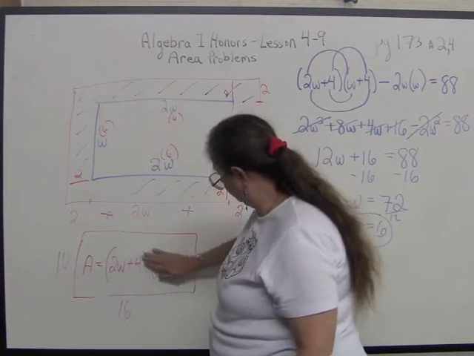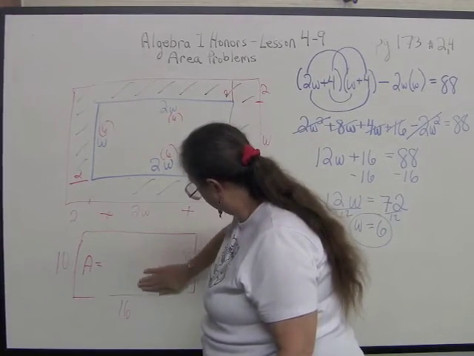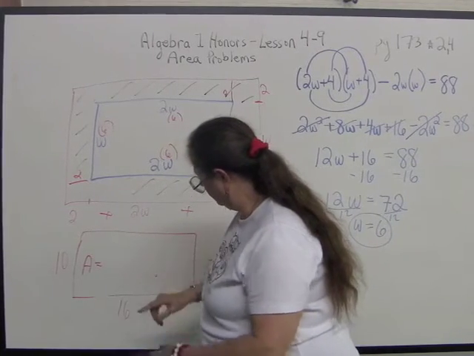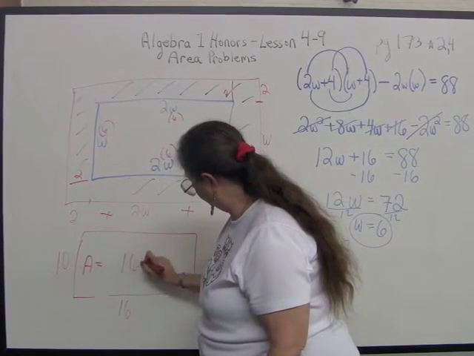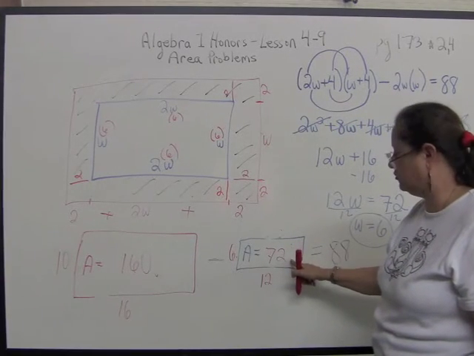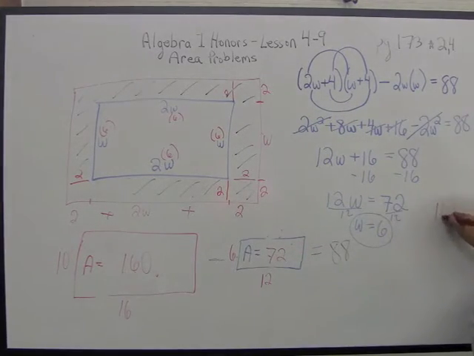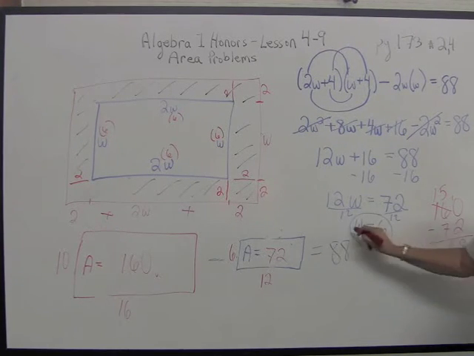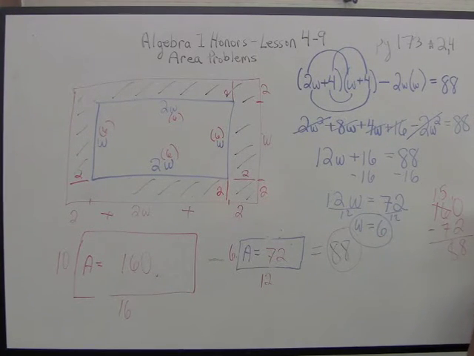So 10 times 16, the area here is going to be 160. 160 minus 72. Let's see, we have to borrow. And we get 88, which is what we were supposed to get. Okay? That's how you do area problems.